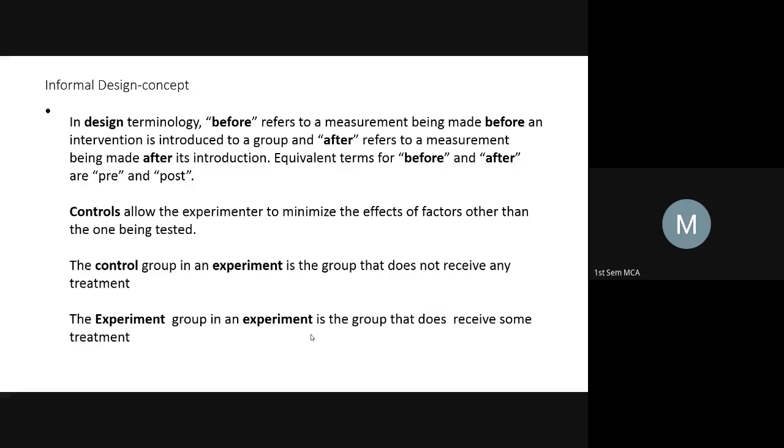That means, suppose I want to evaluate the performance of a student based on some parameters. I should not consider his mode of transportation, how he is coming to the class, how he is behaving in the class, whether he is writing the assignments properly or not. So all these things become secondary.